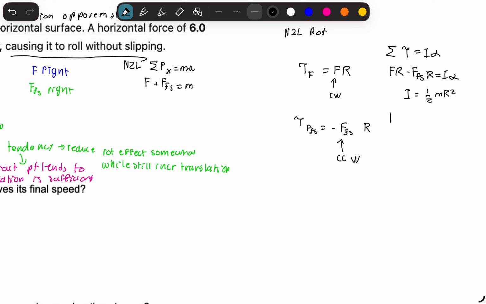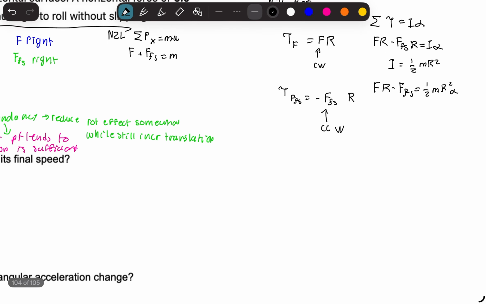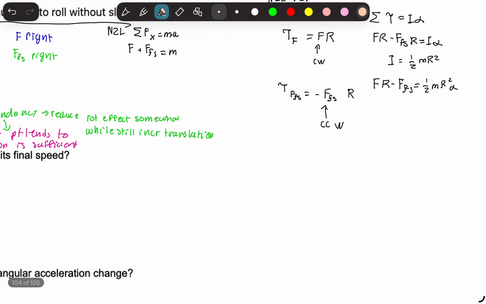So that's going to be FR minus FsR, that's equal to 1/2 mr squared times alpha, because you are just going to substitute in this I here.